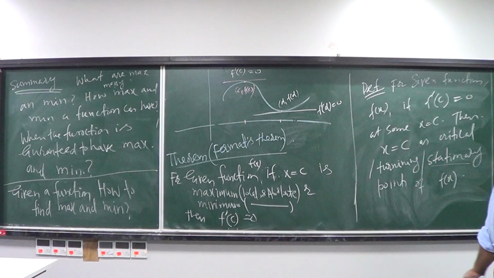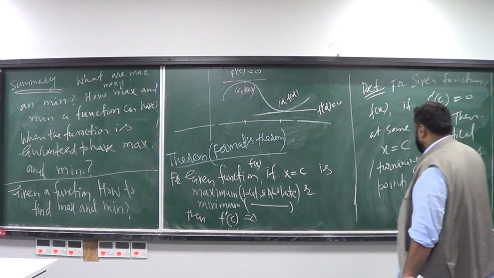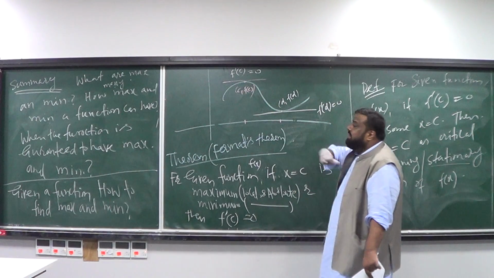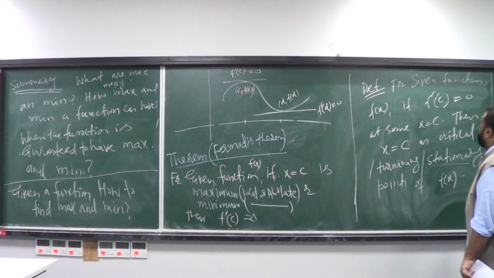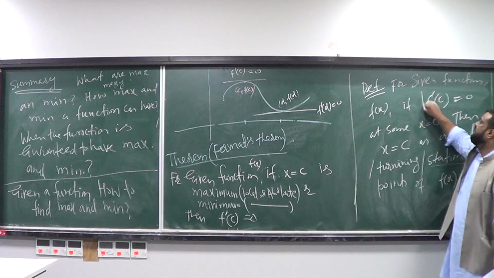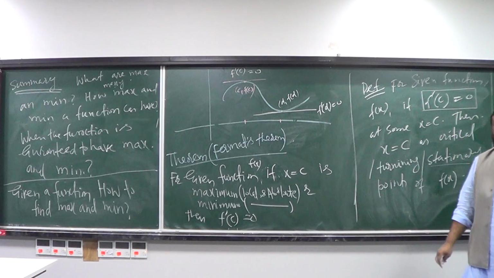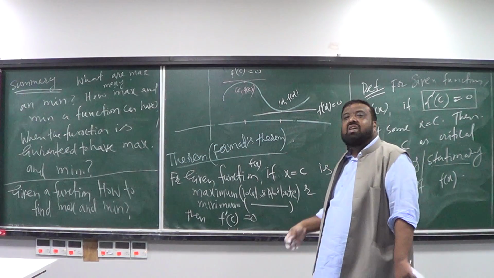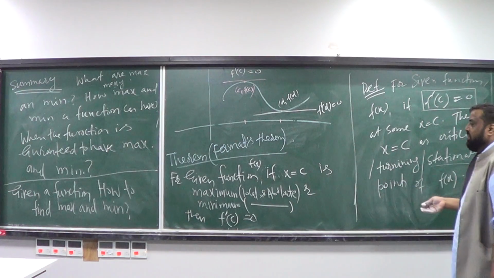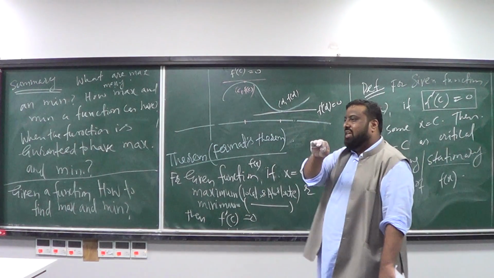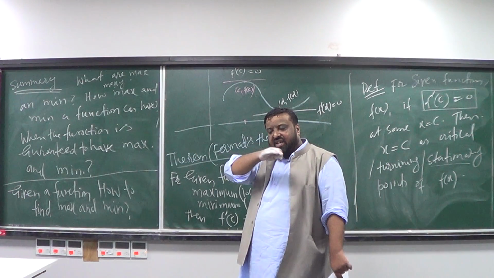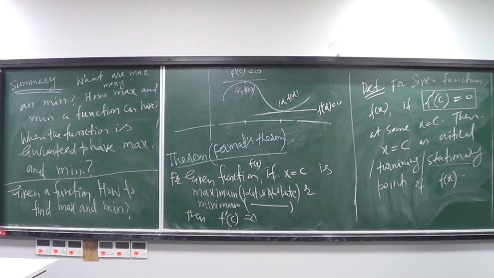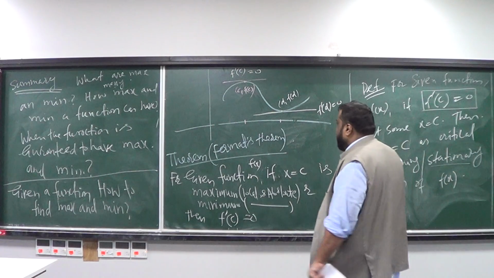Now, what follows from this definition? Maximum is a critical point and minimum is also a critical point. Any point where the derivative of the function is 0, you call that a critical point, because the derivative represents the slope of the tangent line, and that slope becomes 0 because the line becomes parallel to the x-axis.